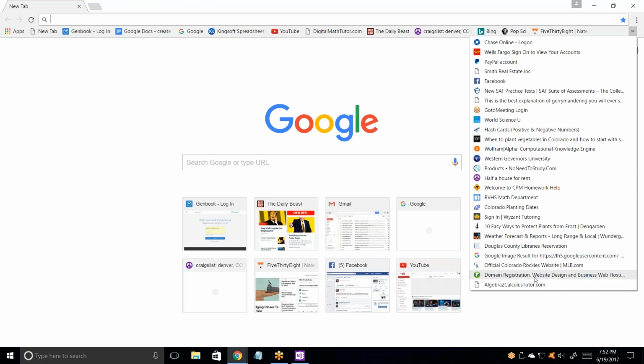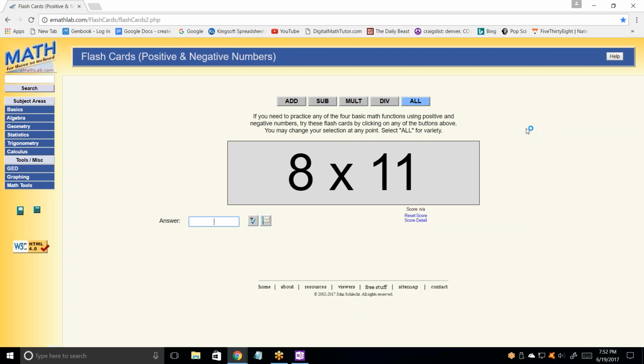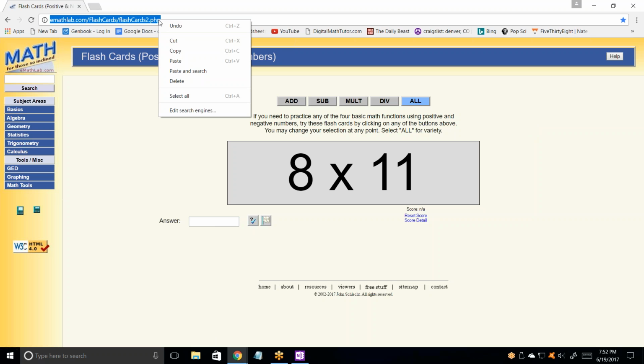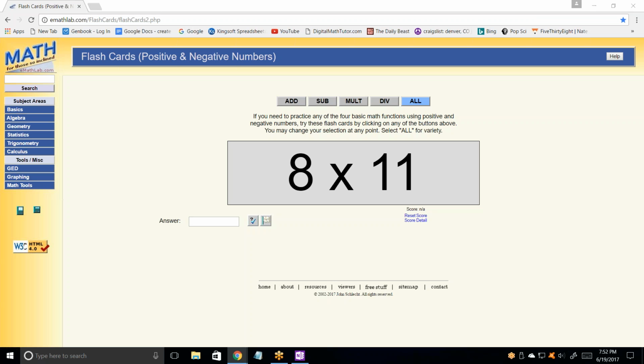I cannot think of anything that will improve your algebra more than this. And here, I'm going to copy and paste this into the chat window.